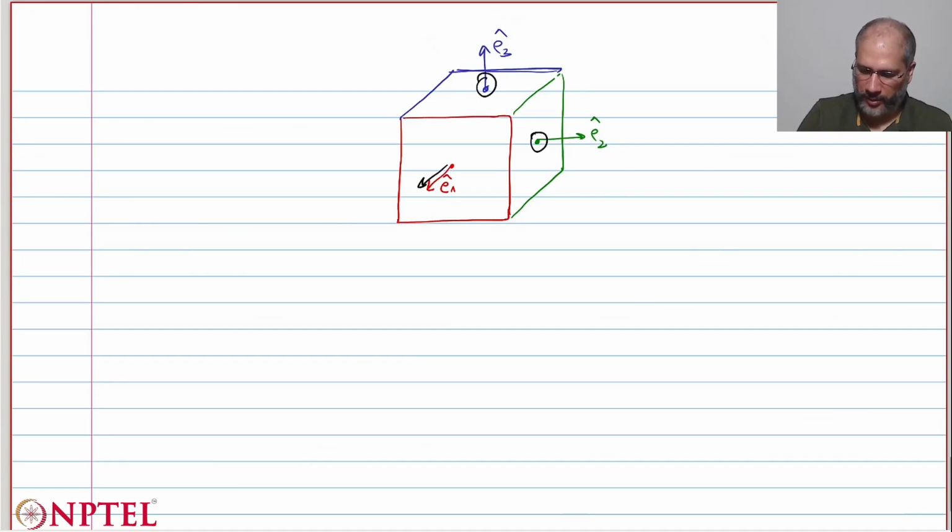So I'll call this T1 on E1, and I'll have a component of traction vector along the E2 direction, which is this one. So that's T2. Superscript is still E1 because they're defined on the E1 plane. And then I have a third component, which is T3, defined on the E1 plane. Similarly, I could write the three components of traction vectors defined on the E2 and the E3 planes like this.